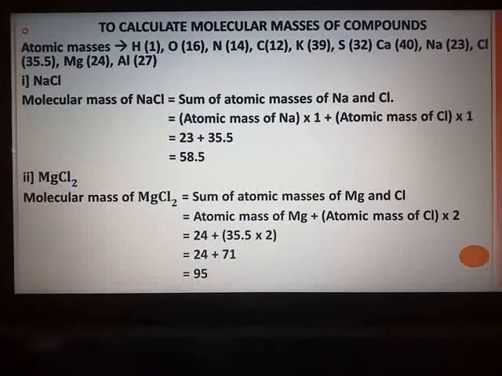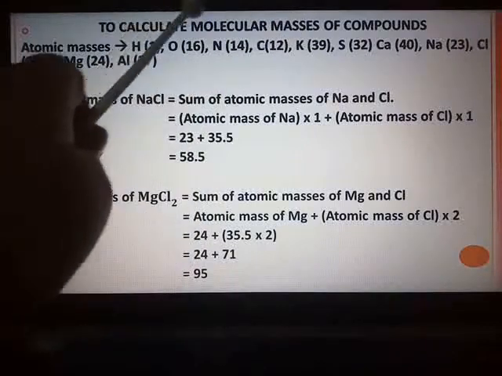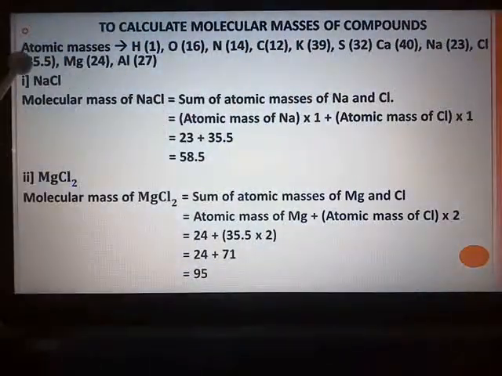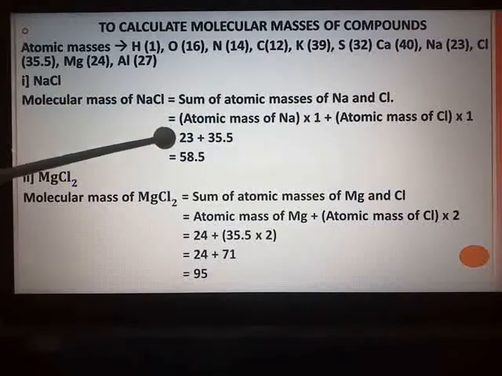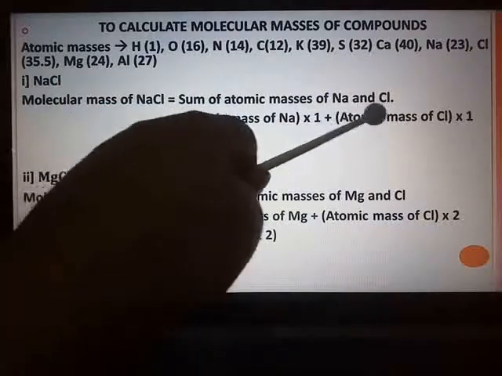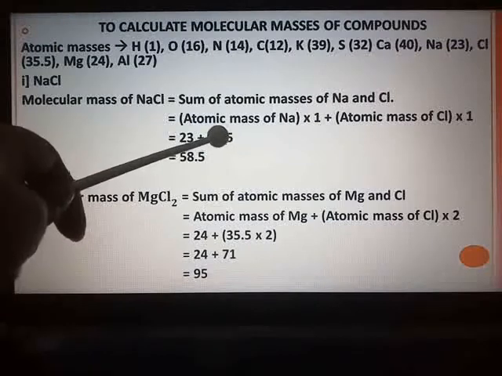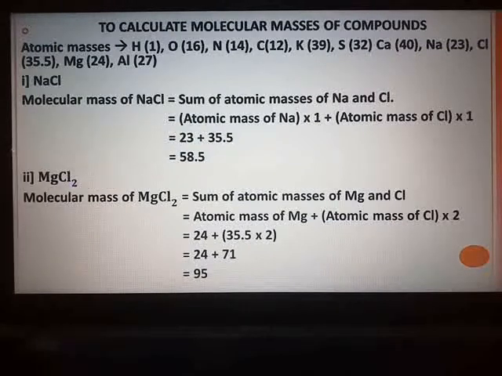Substitute the values of atomic masses. Sodium they have given as 23 and chlorine is 35.5. So 23 multiplied by 1 is 23 plus 35.5 multiplied by 1 is the same number. When you add, you get 58.5. If you want, you can write the unit Dalton, that is, you can put a small u, not compulsory.